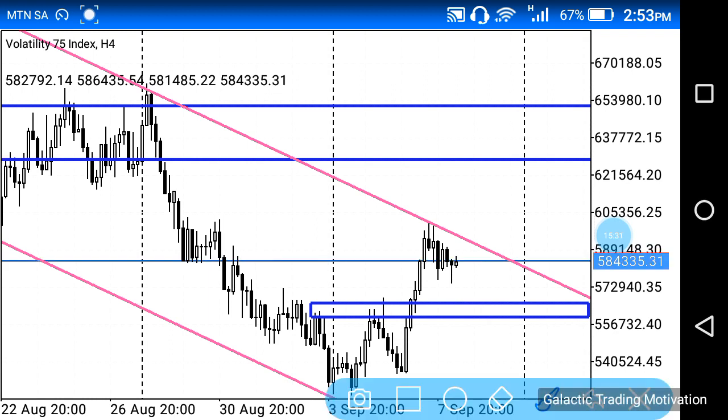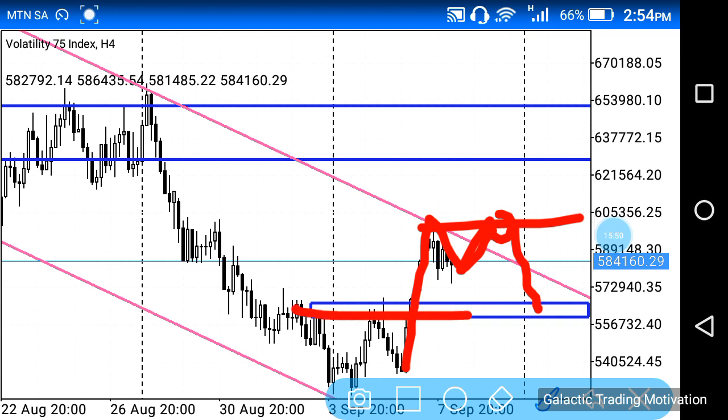I need further confluence, I need further reasons, right? If price from where it is currently pushes further up to around this point and then rejects at this point, I might possibly look for a selling opportunity, because it would give me a very nice M structure, as you guys can see, and my first take profit would be this level over here, because it is the neckline of this huge W structure.